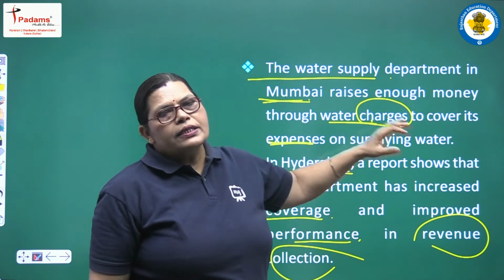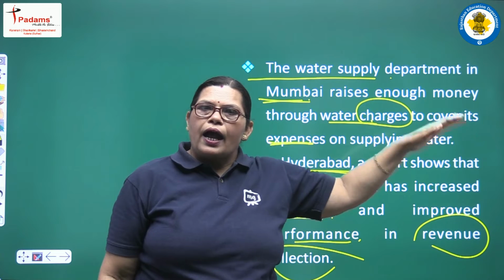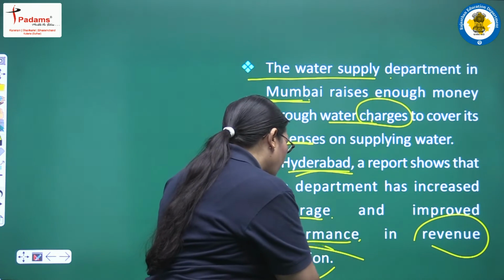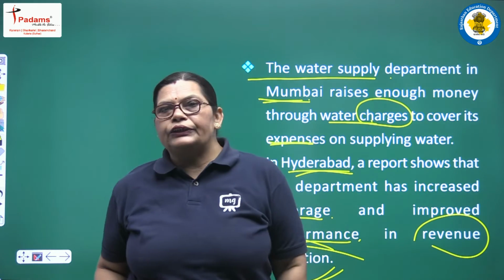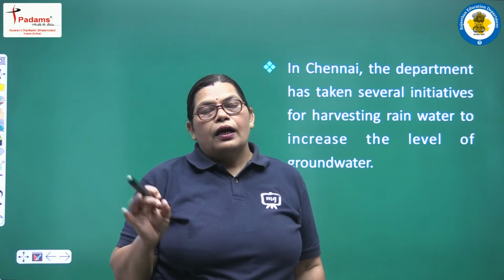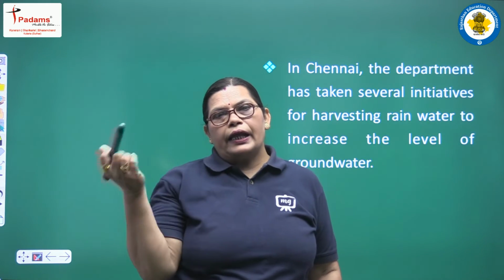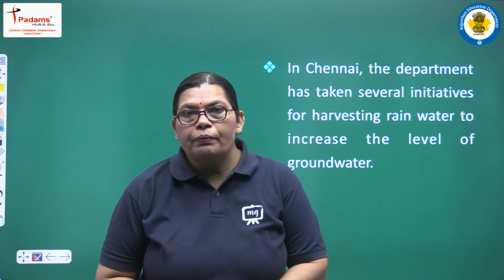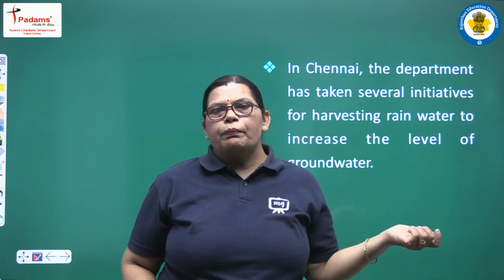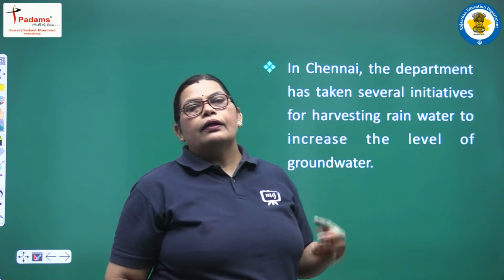The prices are rising higher and higher, and all these are for the purpose of revenue collection. When there is revenue collection, it means a high price is there, and then most of the people cannot afford the water.